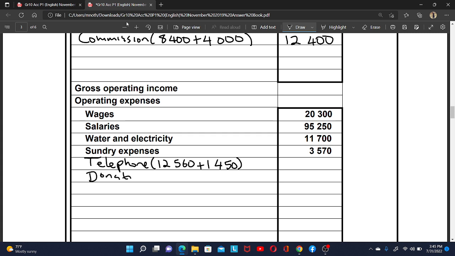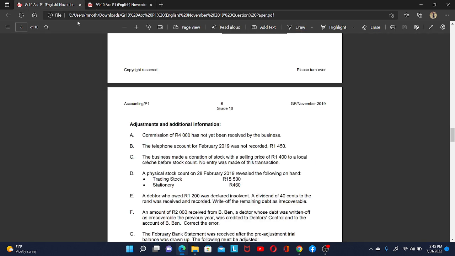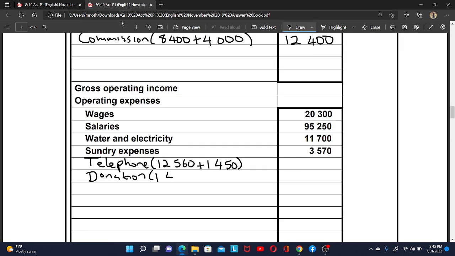But since we are not selling, we are going to record the donation at cost price, so we cannot record it at the selling price. We have to record it at cost because we're not selling here.